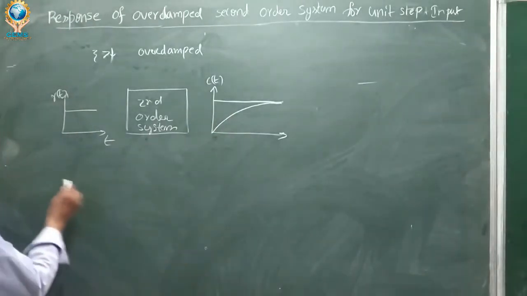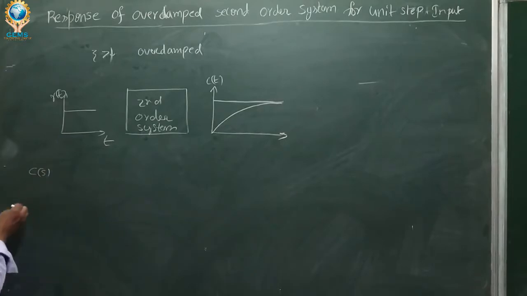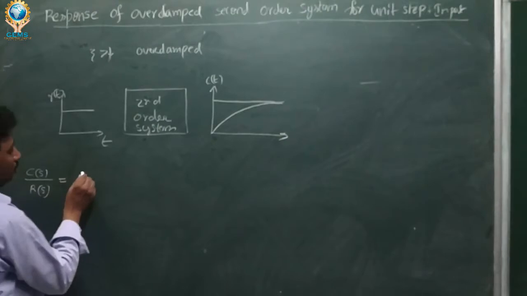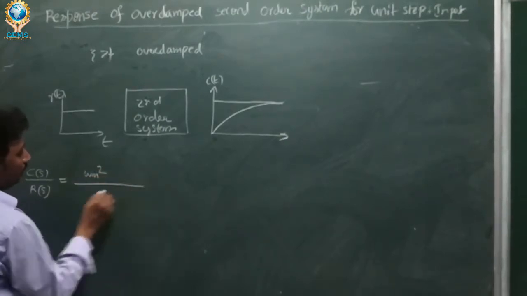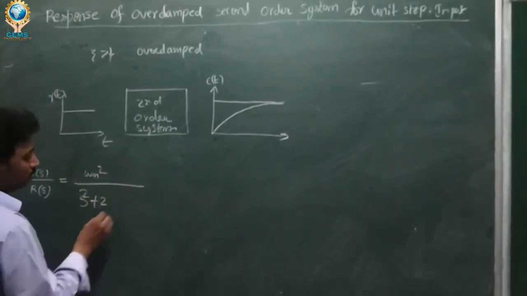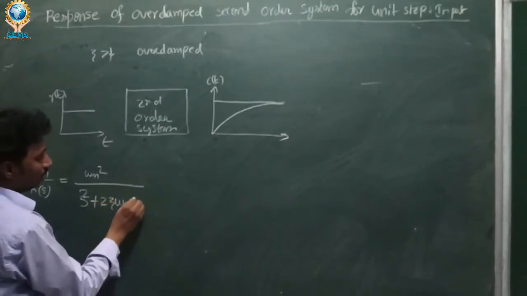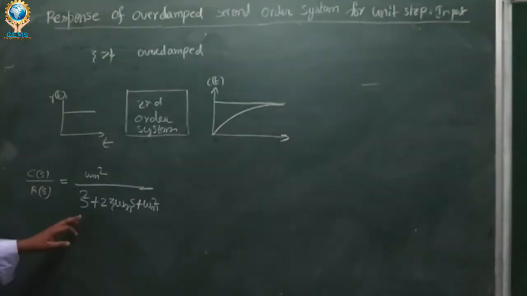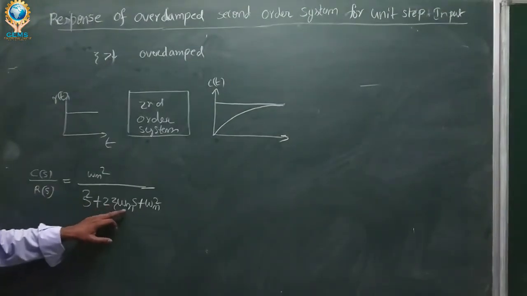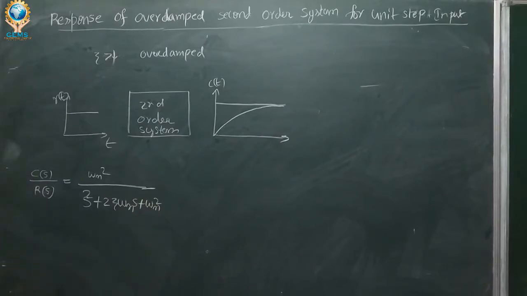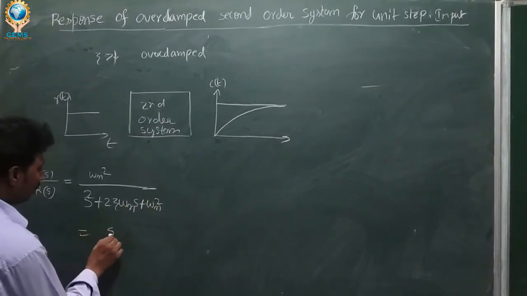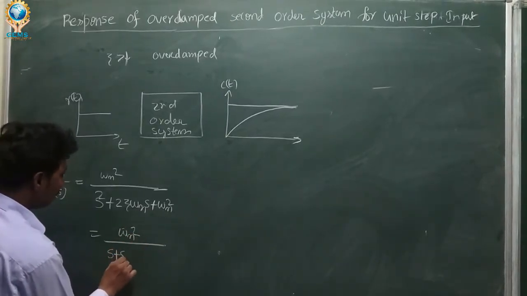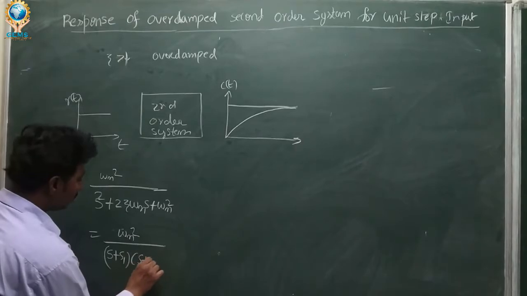So you know C of S by R of S, the transfer function of a second order system, is equal to omega n square by S square plus 2 zeta omega n S plus omega n square. S square plus 2 zeta omega n S plus omega n square, I am going to write as omega n square by S plus S1 into S plus S2.